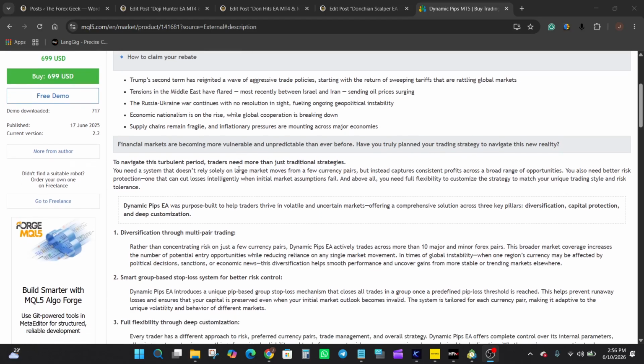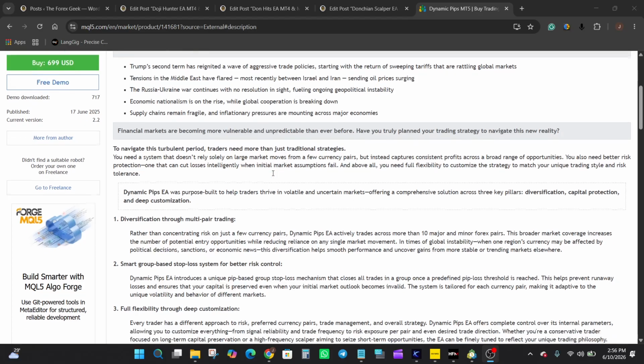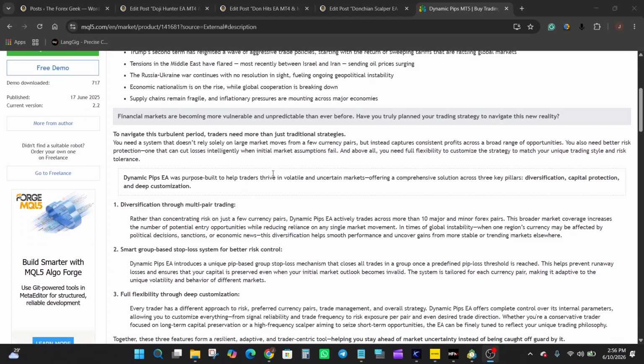Another part that stands out is the risk management structure, where the EA uses a group-based stop system that closes trades once a certain pip loss threshold is reached. So instead of managing trades individually, it appears to manage risk in clusters, which is something I'll be paying attention to when I move into the backtest.